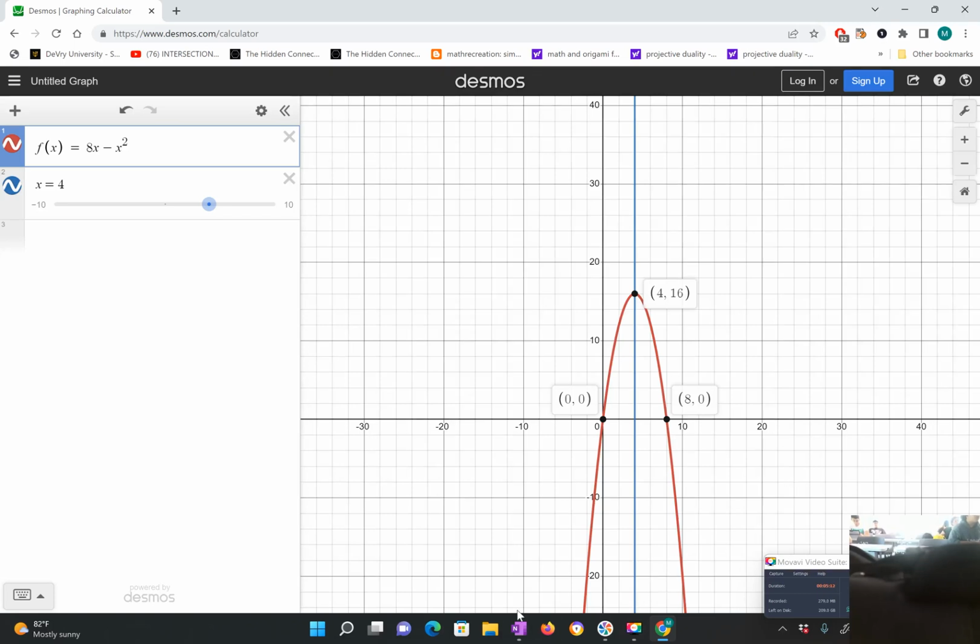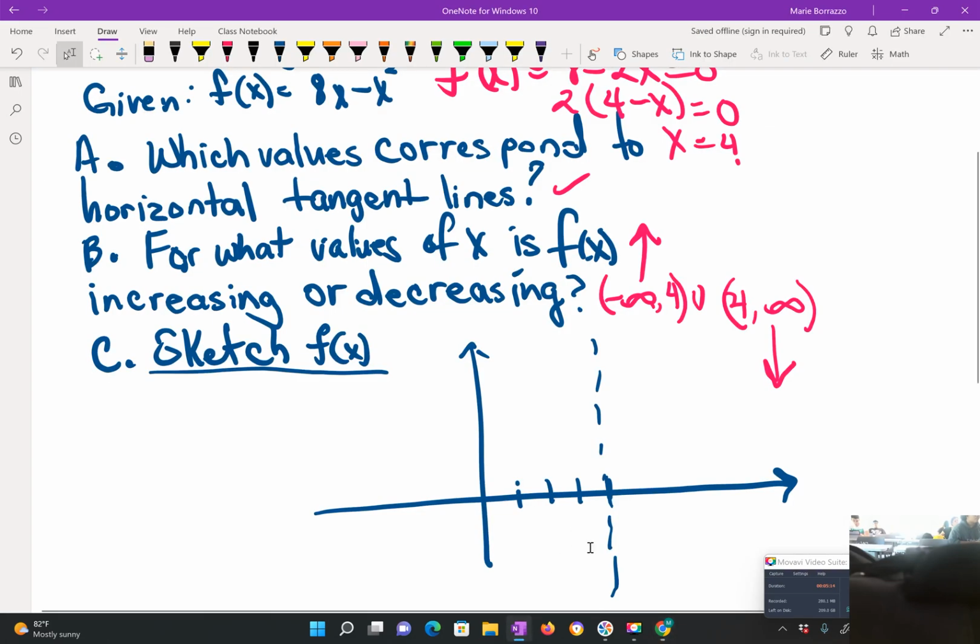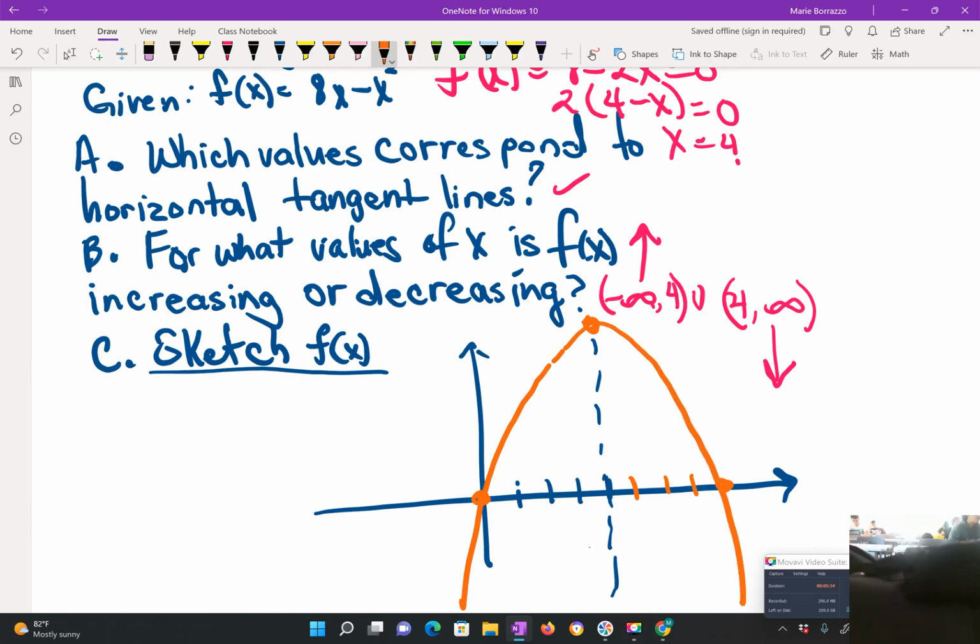Then the points that matter to us are 0, 0, and 8, 0 is another point that's important, and we're assuming this point up here is the vertex. So obviously growing in this direction. One more time, if I choose a test point, hypothetically anything here is a test point that I can choose.